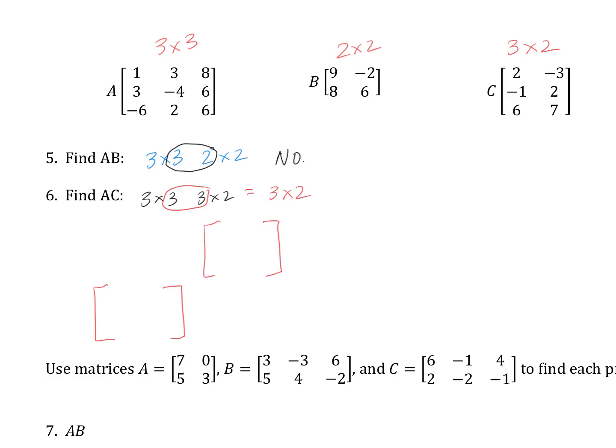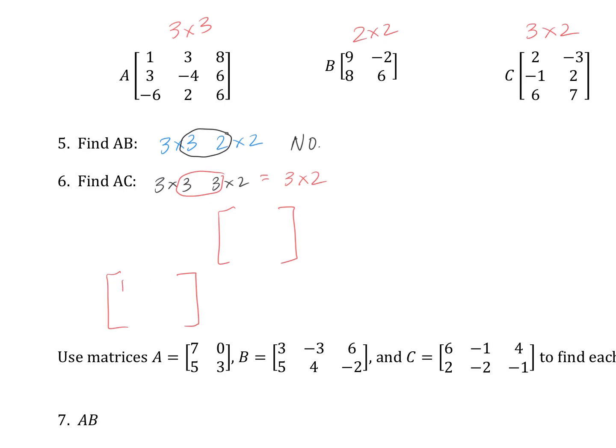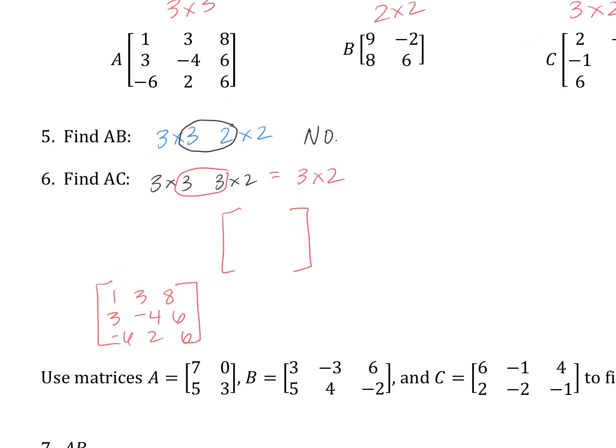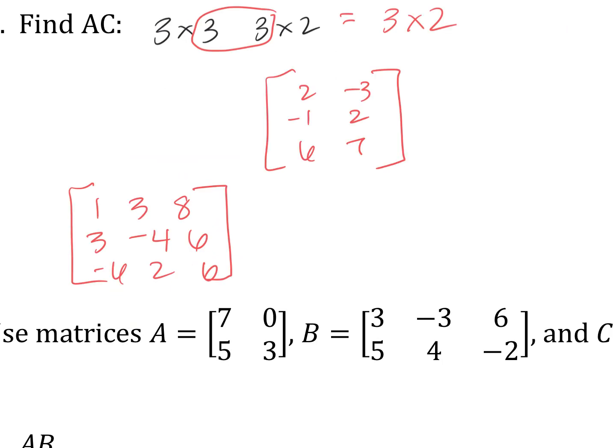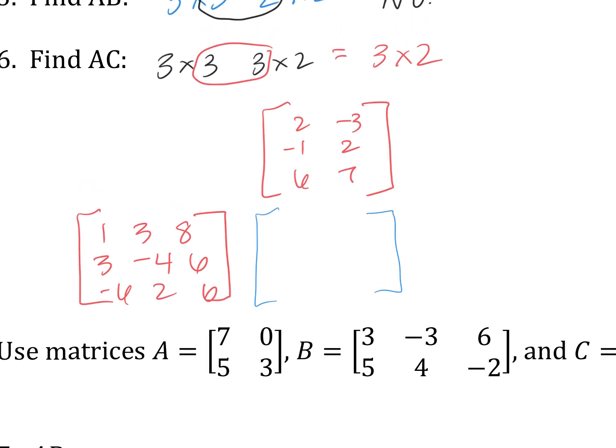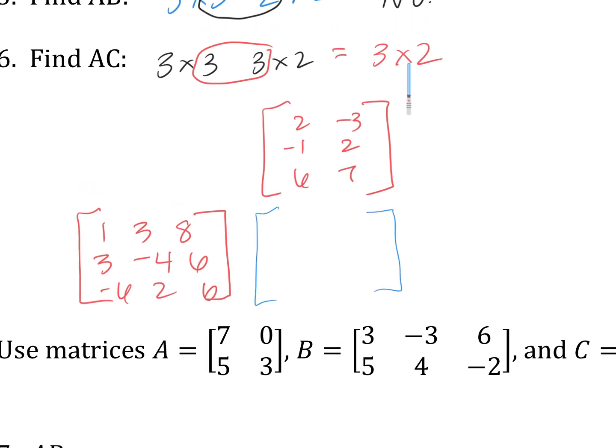And the order that you write it is very important. So I'm going to write A: 3, negative 4, 6, negative 6, 2, 6. Got to bring them down. I know it's annoying. I'm going to bring C over here: 2, 6, 7. So when we go to multiply these, here is where the answer is going to go. And what did we say our answer was going to be? What dimensions?